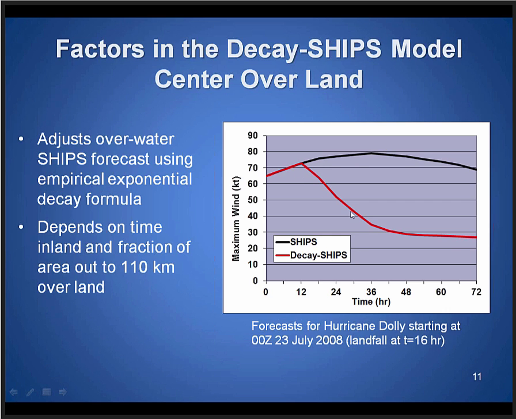And you can see in the red curve what the expected decay would be because of going over land. And again, hurricanes weaken over land because initially you get a reduction of the 1-minute winds because of the increased drag coefficient and friction, but you also get a pretty quick decay because you don't get the moisture fluxes and the heat fluxes over land like you do over water.